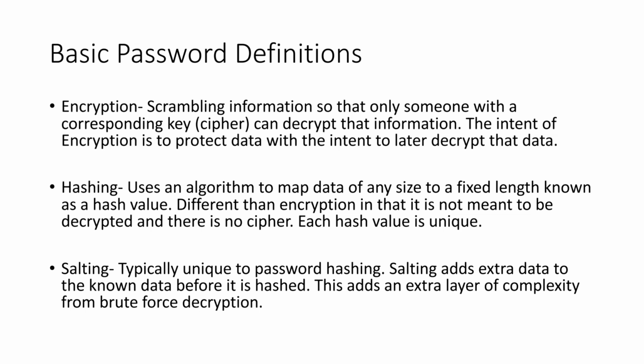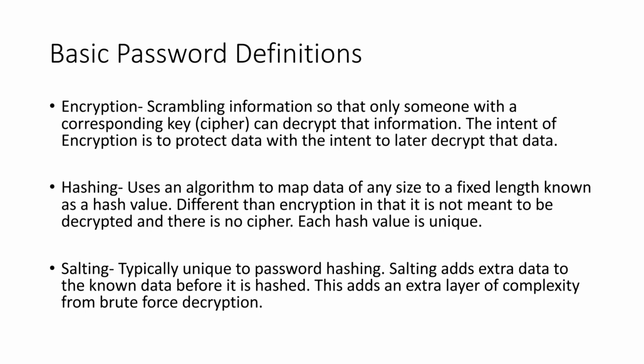Encryption, of course, is scrambling information so that somebody with the corresponding key can decrypt that information. It protects the data with the intent to later decrypt that data. Whereas a hash uses an algorithm to map that data. So basically, there is no cipher, and you can't really tell what it could be based on the actual hash itself.